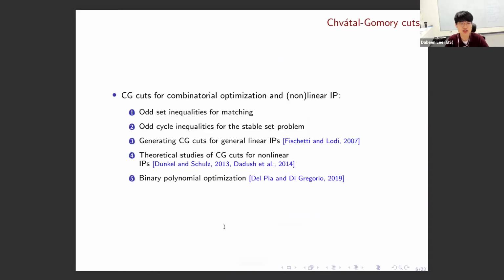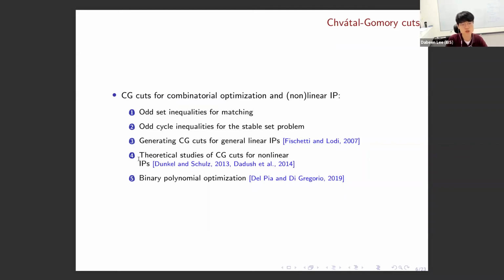The CG cuts are quite prominent in combinatorial optimization and linear and nonlinear integer programming. Some important classes of inequalities for combinatorial problems are known to be CG cuts. And there are some works on implementing CG cuts for solving general integer linear programs.